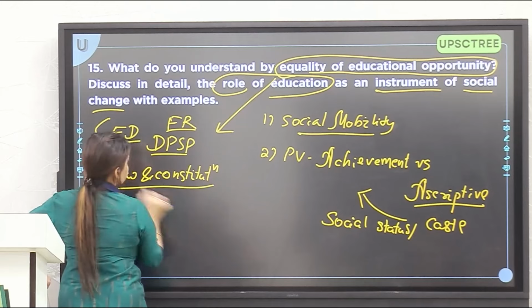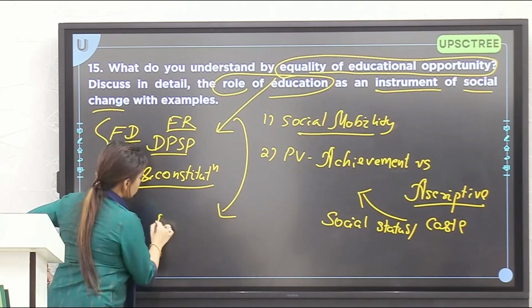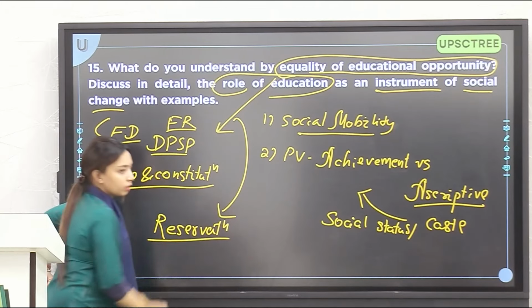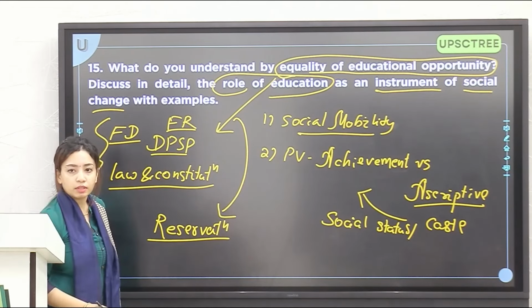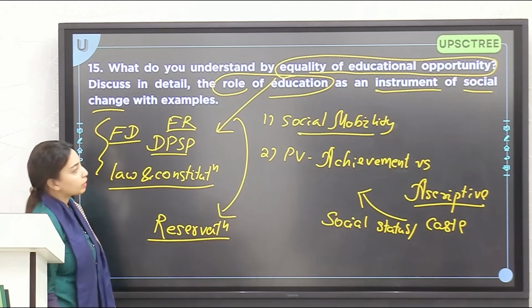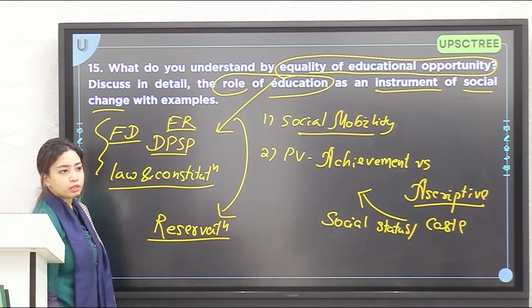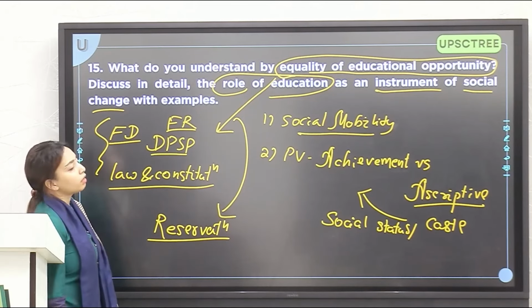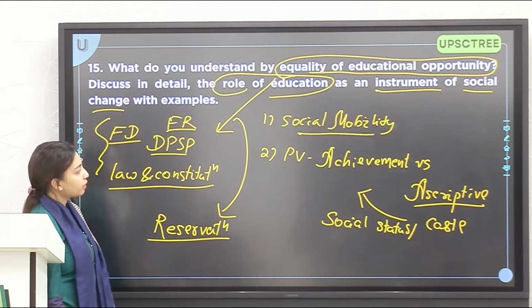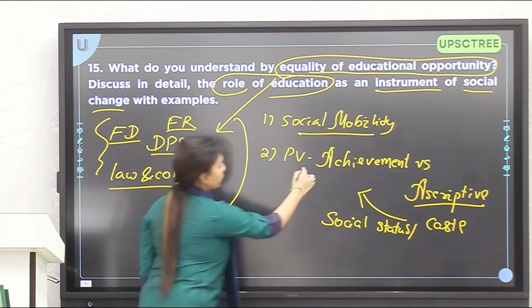What else? Affirmative actions like reservations in educational institutions. It is also given by the Constitution. So all these factors are contributing towards your social change, which is mostly done through education. Alright, done. So here you will be saying merit based.